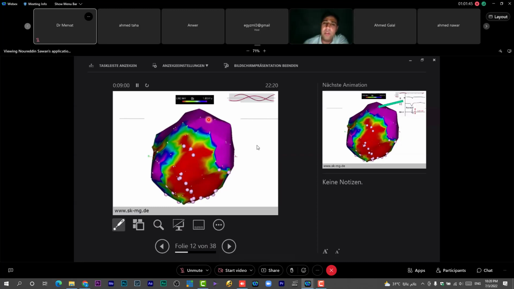Here is an example, actually the substrate or voltage map of this patient, which was presented. What we see here is the scar. The voltage setting is between 0.5 and 1.5. We have these numbers from the working group of Marchlinski about 20 years ago.